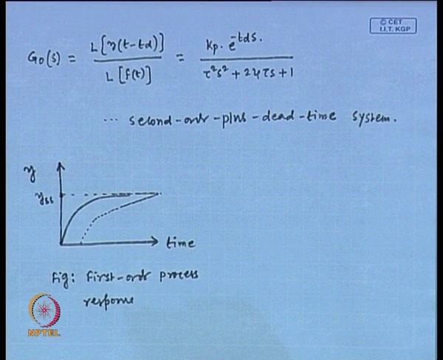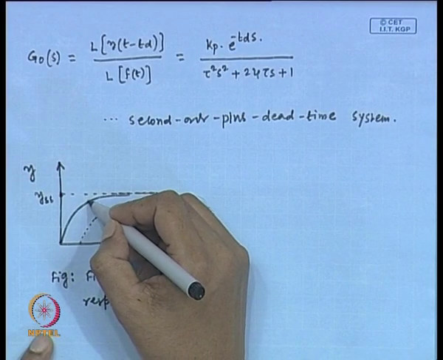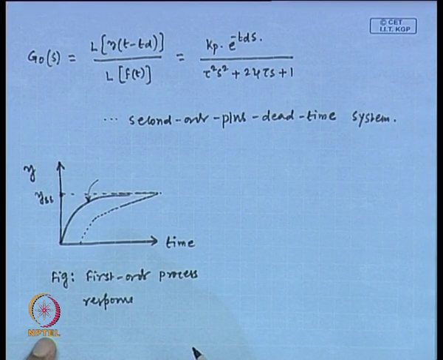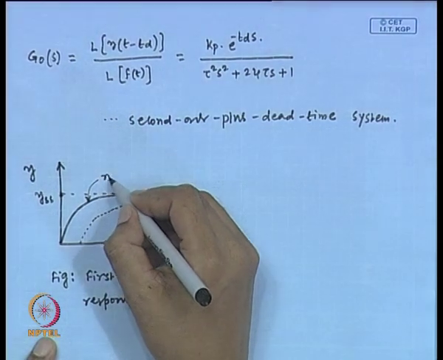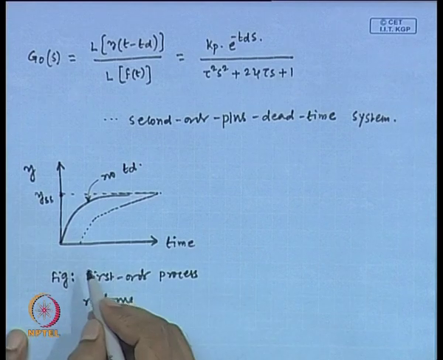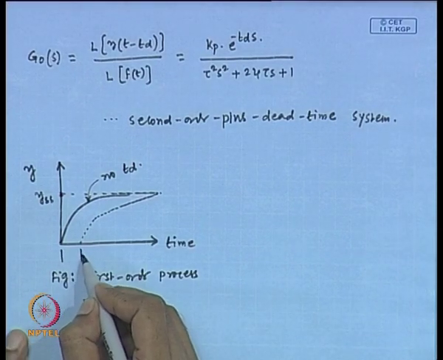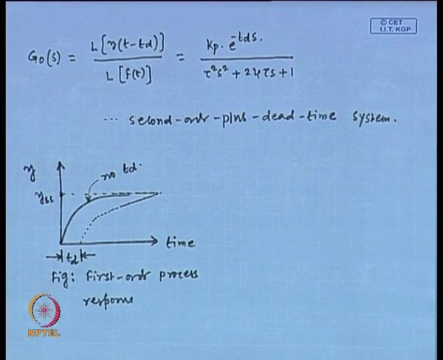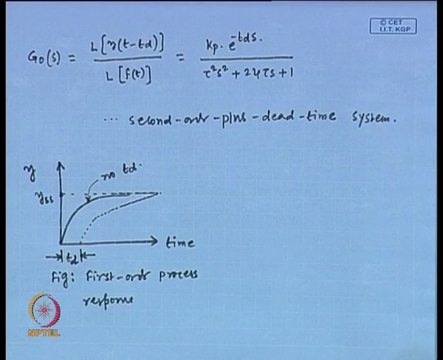This is the first order dynamics with a step change in input variable, and this is the dynamic representation when we disregard the dead time. So, no dead time, I mean no TD. So, this difference is the dead time. Fine. So, this is the dynamics of first order system with dead time and without dead time.